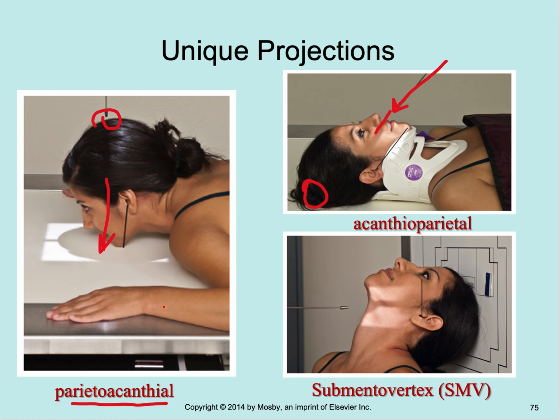So parietal acanthial, acanthial parietal, and then SMV, submento, because it is below the mentum, this being the mentum up here. So submento vertex is where the vertex of the skull is on the image receptor. So submento, below the mentum, to the vertex: submento vertex, SMV, of that projection.